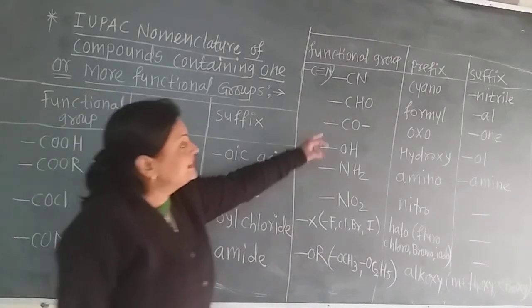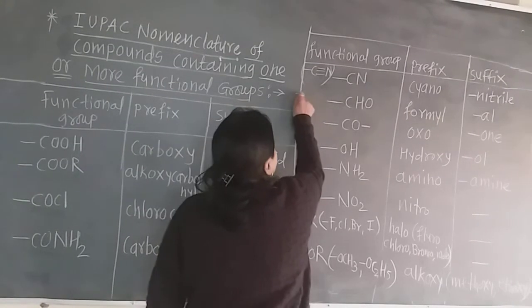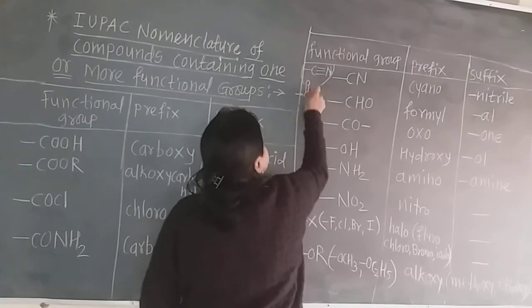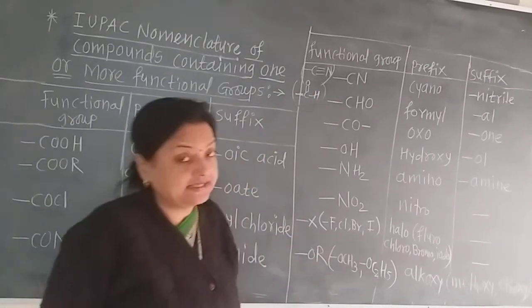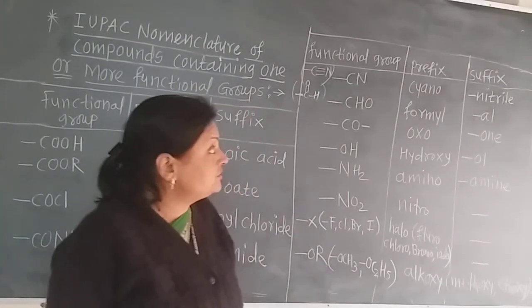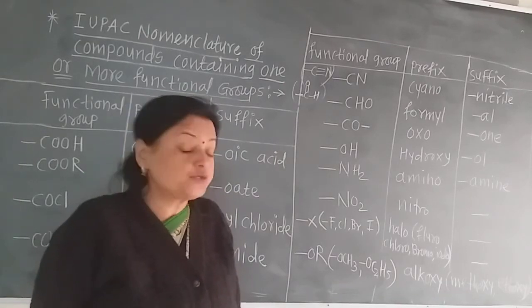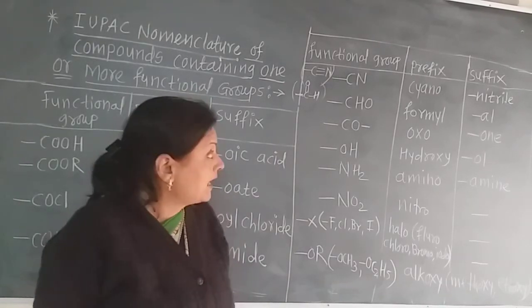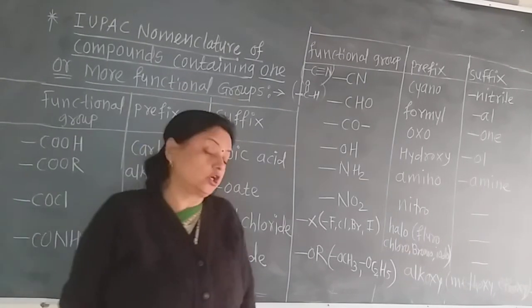Now let us see the aldehydic group, dash CHO. We know that this is also written in this way, dash C double bond OH. That is the aldehydic group. If it is used as the prefix, the prefix is formyl. And the suffix is al, not ol, because ol is for the alcohol.